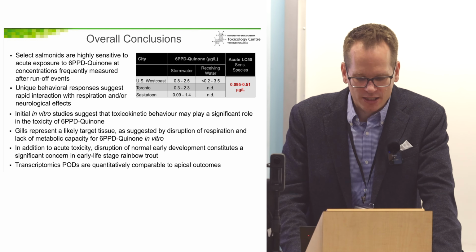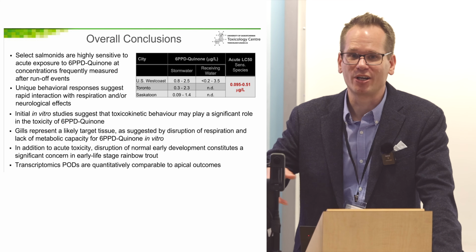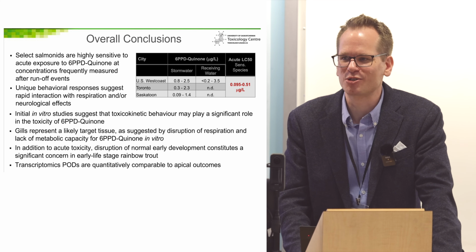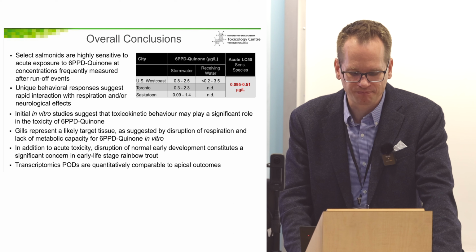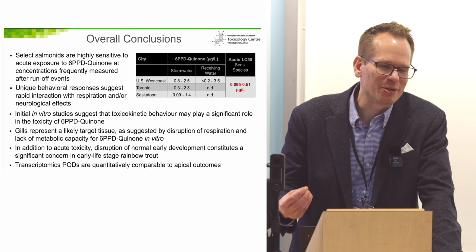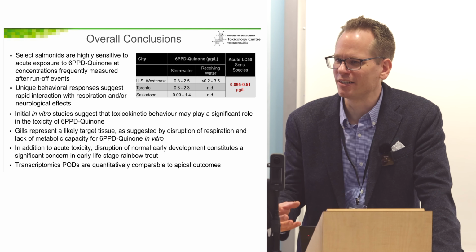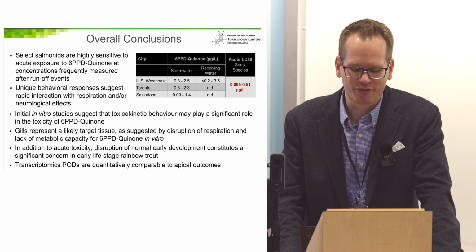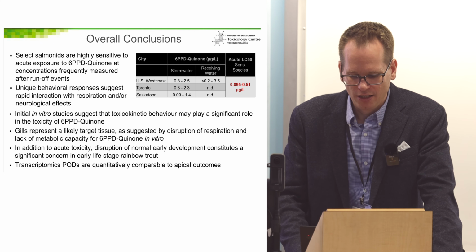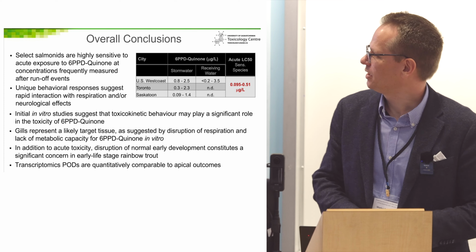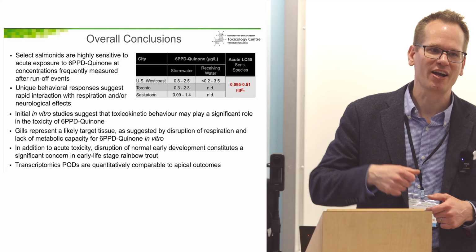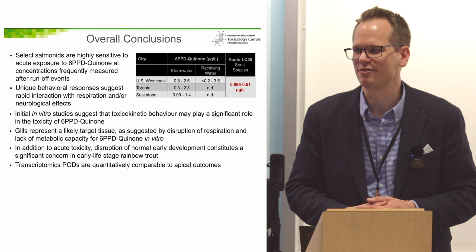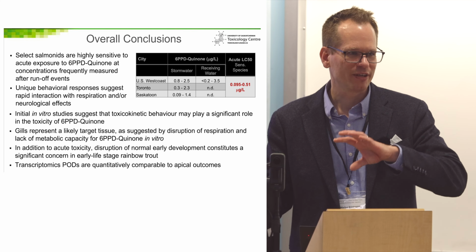Our in vitro studies do suggest that toxicokinetics might actually play a role here in those species differences in sensitivity. And that the gills might perhaps really be one of those important target tissues that we need to focus on, right? So in addition to the acute toxicity, the fact that we were able to observe early life stage toxicity really shifts the focus now.